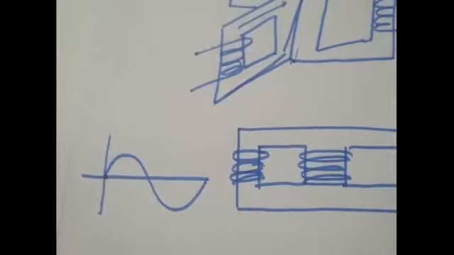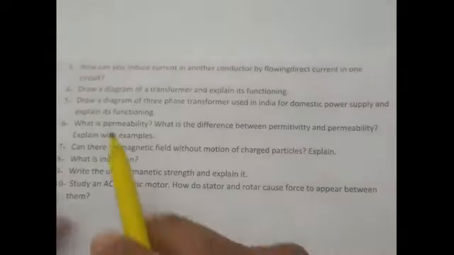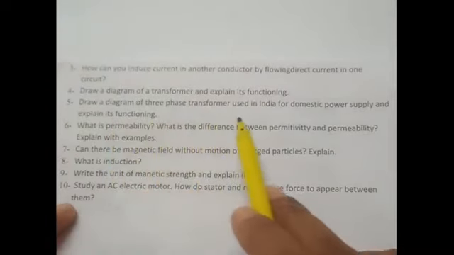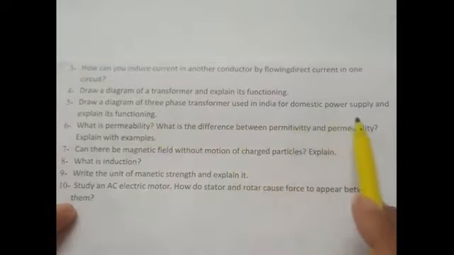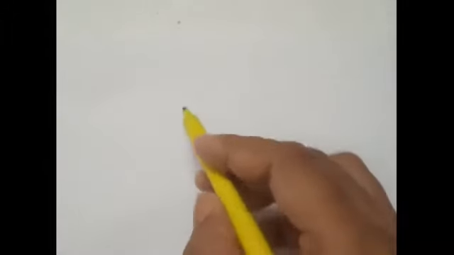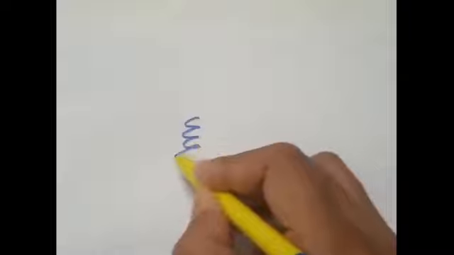Question number 5 is, draw a diagram of a three-phase transformer used in India for domestic power supply and explain its functioning. Just now we studied the transformer in which we had just two coils, primary and secondary. This was a single phase transformer.